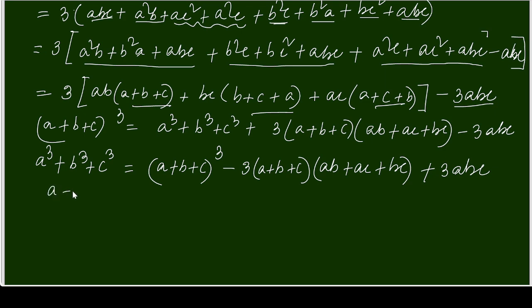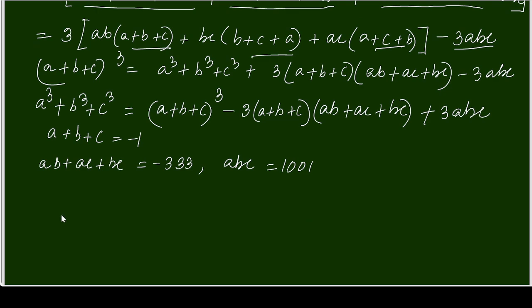We have all the values. We have A plus B plus C is minus 1, and AB plus AC plus BC equals minus 333, and ABC equals 1001. So now it will be very easy to calculate.